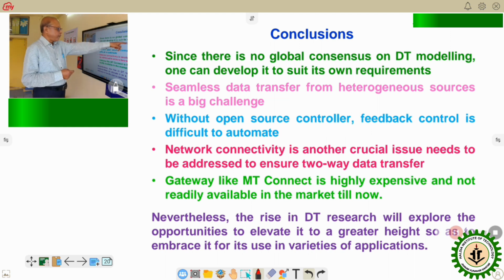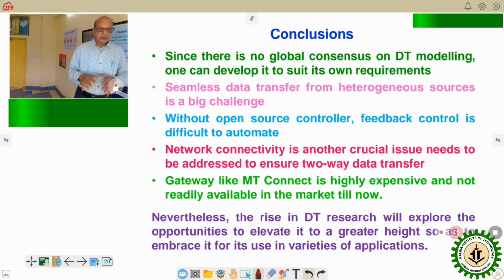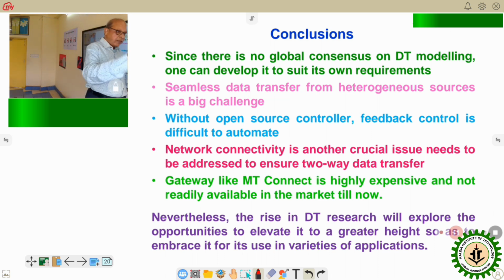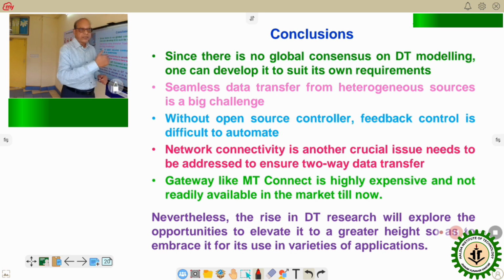Seamless data transfer from heterogeneous sources is a big challenge. I was talking about the term interoperability. Varieties of data come from different sensors, all not from the same vendor or manufacturer. So there will be a possibility of data disparity. Interoperability is the property so that there is no difficulty in transferring data from one location to another, so that data integration is permissible.